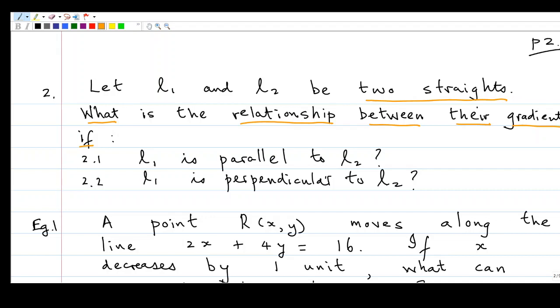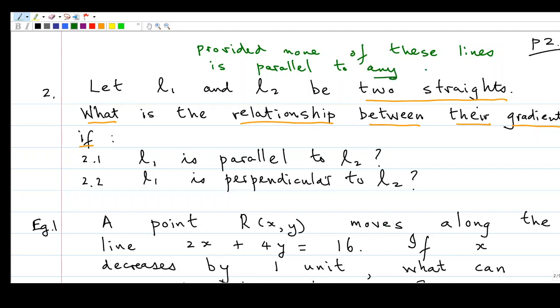Now you should note over here that our answers will depend on the following assumption: provided none of these lines is parallel to any of the axes. Right, this is our assumption.